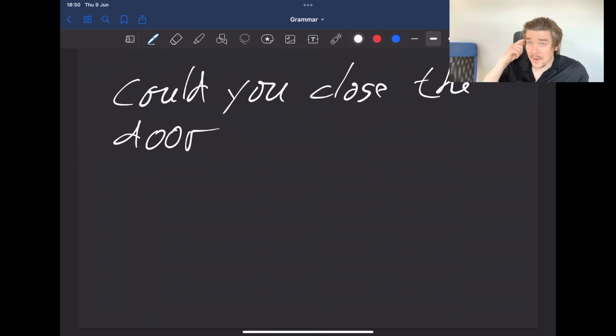Then I am thinking of one door that I want to be closed. And I am also expecting the person I'm speaking to know which door I'm thinking of. So that's a usage of a specific article. I know it's that door. And my girlfriend would also know that it's that door.